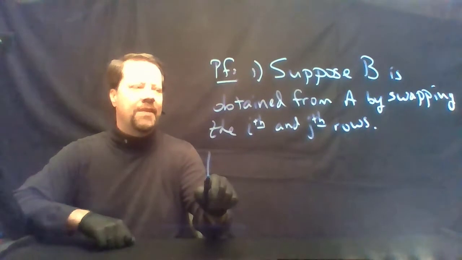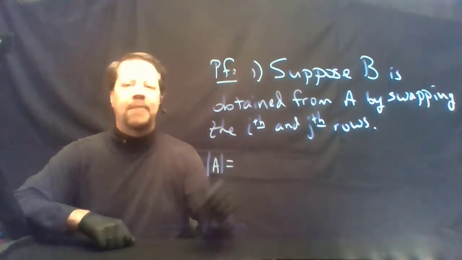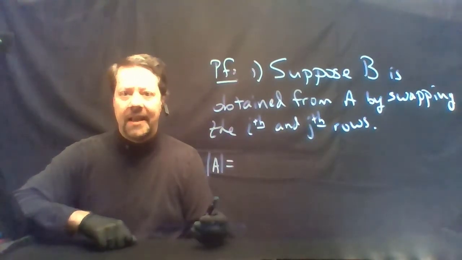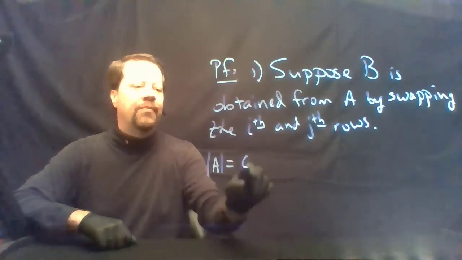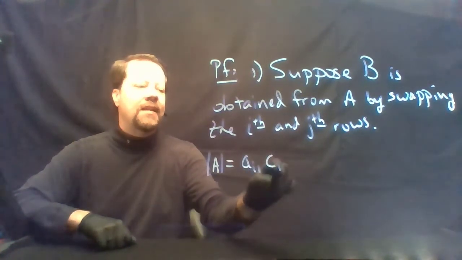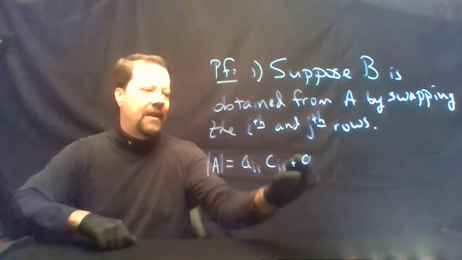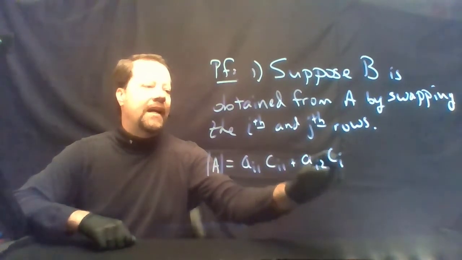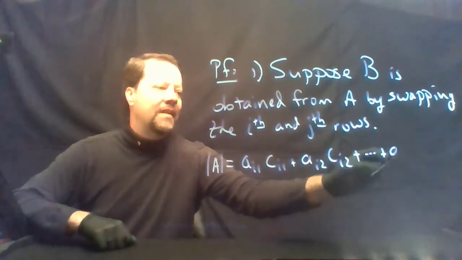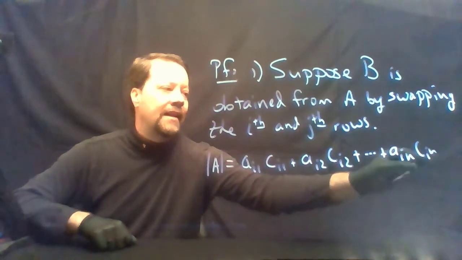So the determinant of A can be found by cofactor expansion, let's say, about the ith row, AI1 CI1 plus AI2 CI2 plus AIN CIN.